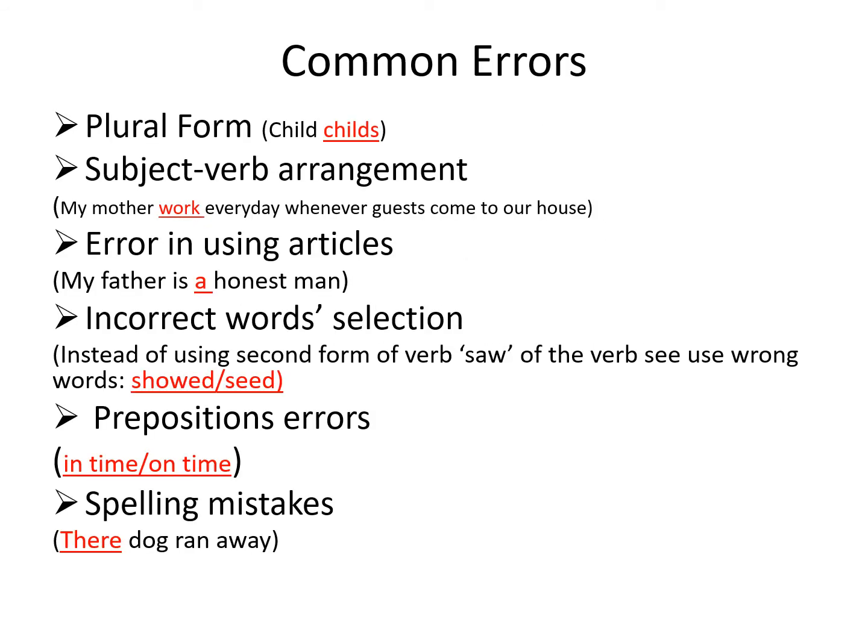Let's see what the common errors committed by second language learners are. There are errors in plural forms, subject-verb agreement, and errors in using articles, like indefinite articles a or an, or the definite article the, which are also called determiners. Incorrect word selection is also a common error.